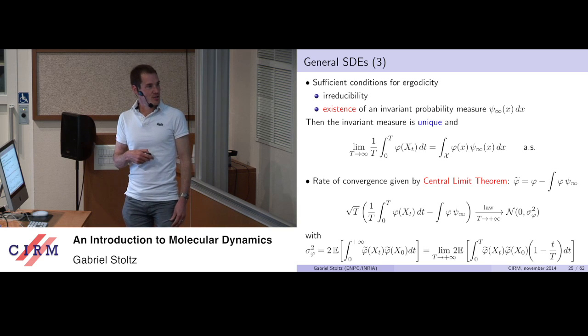The analytical expression, on the other hand, is given by this integrated correlation function. It's a simple computation: if you take this average, you square it, you take the expectation, and that should give you the variance. When you do the computation using the stationarity in time of the process, you end up with this expression, then you pass to the limit as time goes to infinity, and you obtain that.